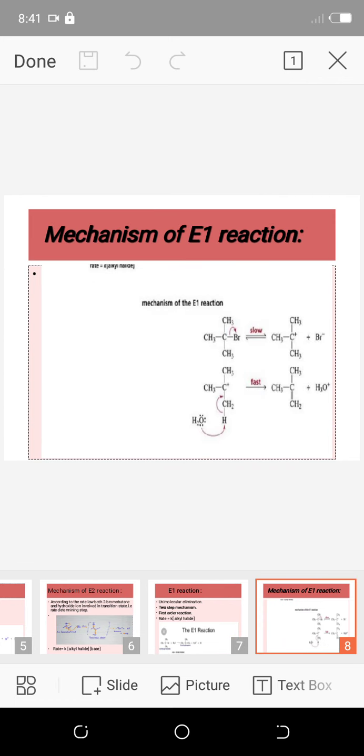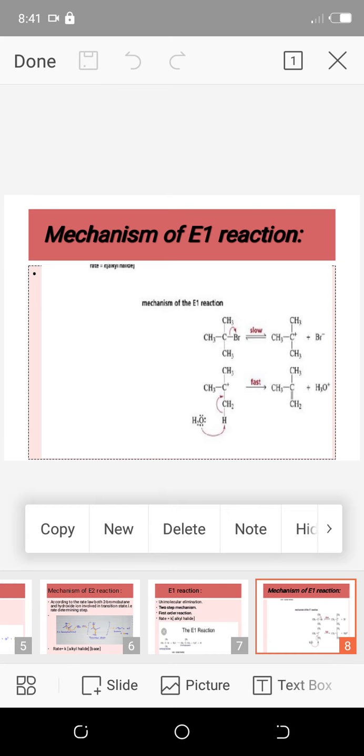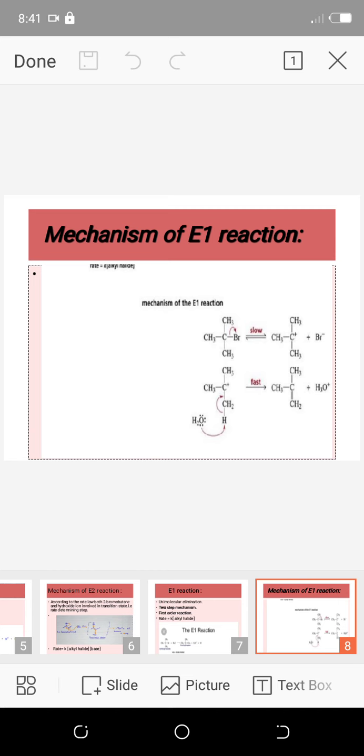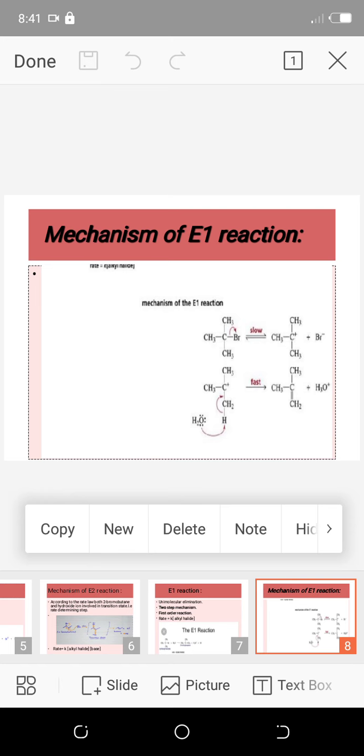See the mechanism of this E1 reaction. As this mechanism involves two steps, in the first step, this tertiary butyl bromide will dissociate heterolytically, because this bromine is more electronegative than this carbon atom. This bromine will pull the electrons toward itself, and therefore it will acquire partial negative charge, and carbon will acquire partial positive charge, and it will leave as Br negative, and this carbon acquires positive charge, means there is a formation of a carbocation in the first step.